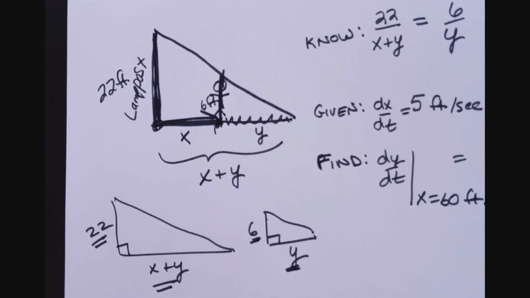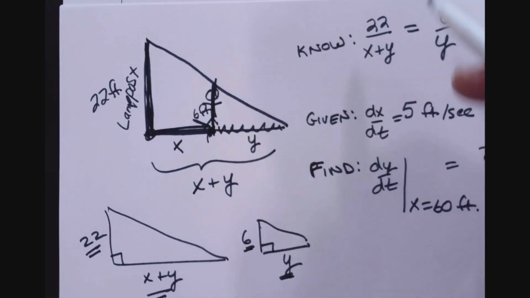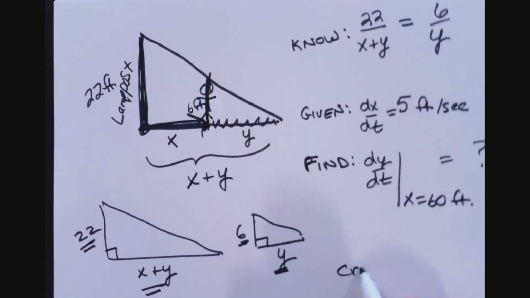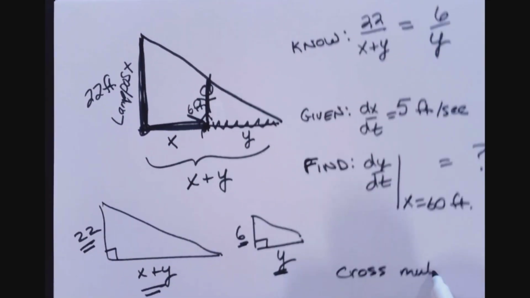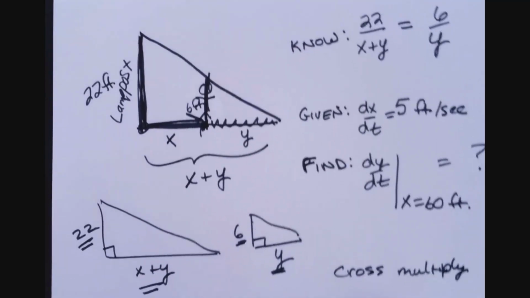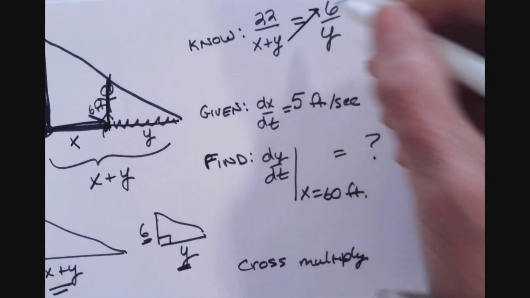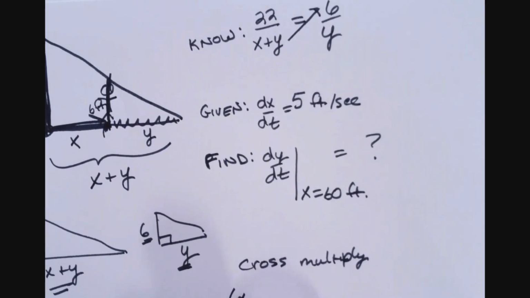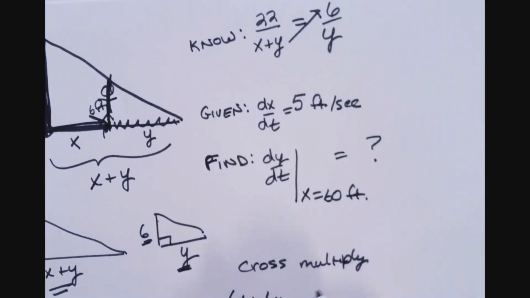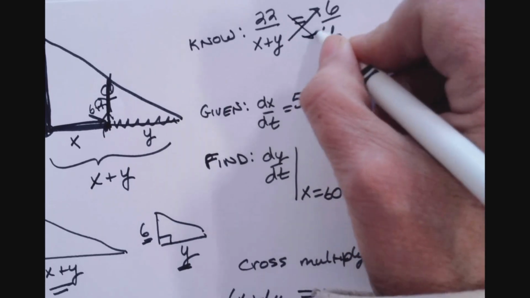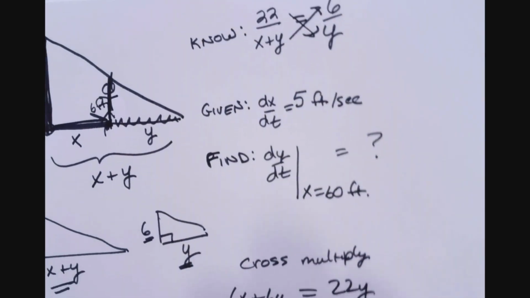What do you want to do next? Cross multiply. So this is going to be 6x plus 6y equals 22y.